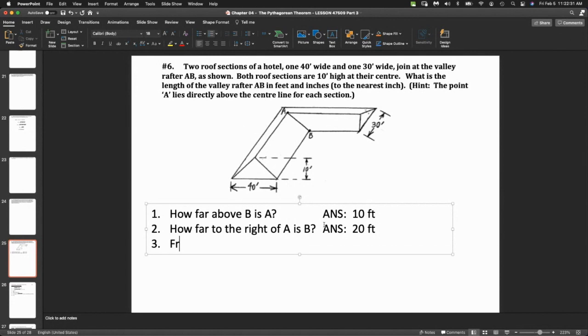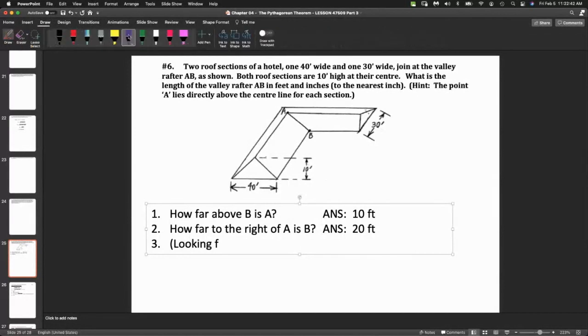Oh, sorry. Let me explain the 20. Thank you for asking that. This is 40. And if you were to drop a vertical there, that's half of 40. So this is 20 right here.